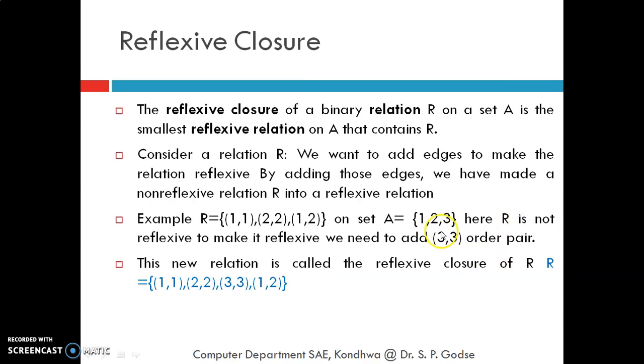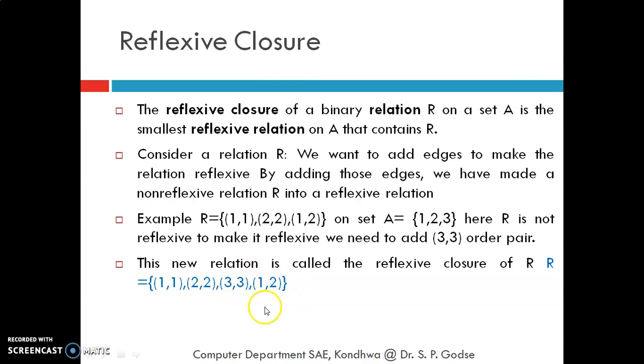So here R is not reflexive. To make it reflexive, we need to add the ordered pair (3,3) into the relation. So this new relation, after adding (3,3), is called the reflexive closure of R. That is (1,1), (2,2), (3,3), (1,2).